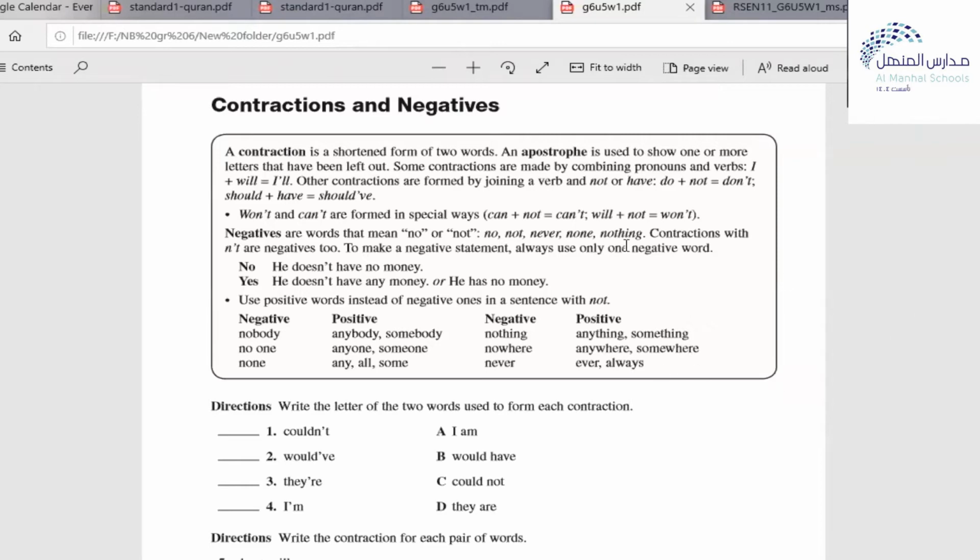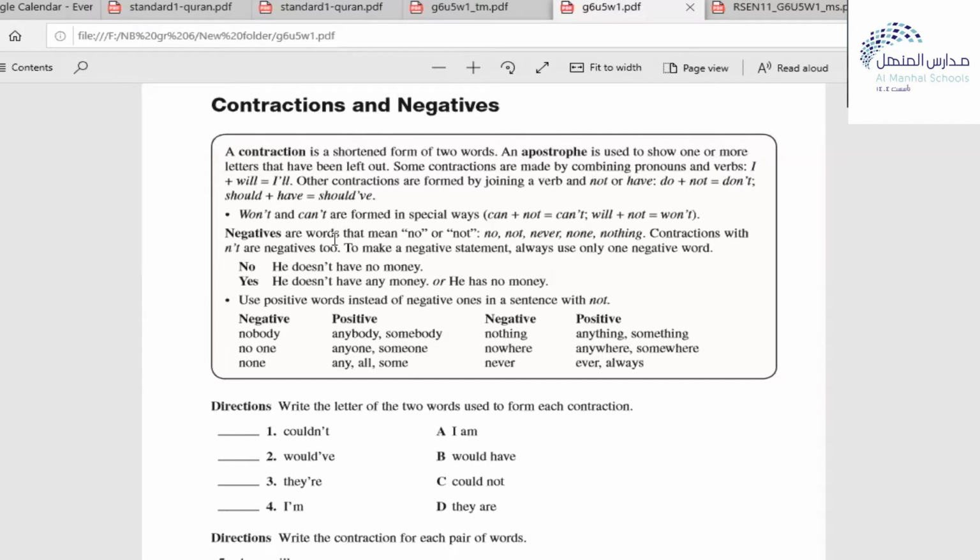So you can read here, won't and can't are formed in special ways. What do I mean? Some of these contractions are different from the others when you contract them.